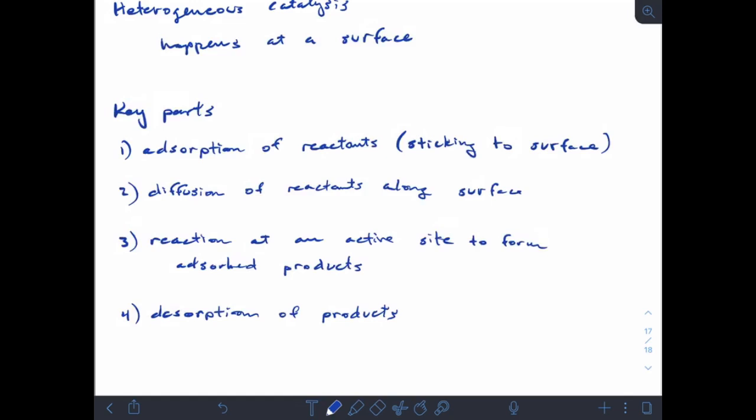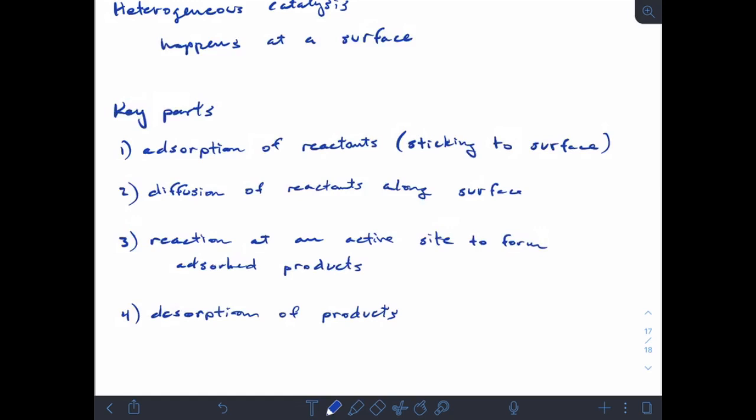Statistically, that's not terribly likely, especially when you're dealing with a lot of different things going on. What heterogeneous catalysis does, by providing a surface, is basically provide a ready-made environment for the reaction to happen.